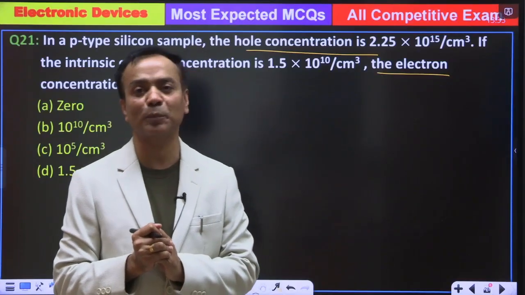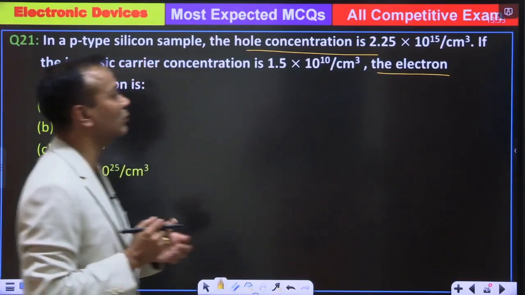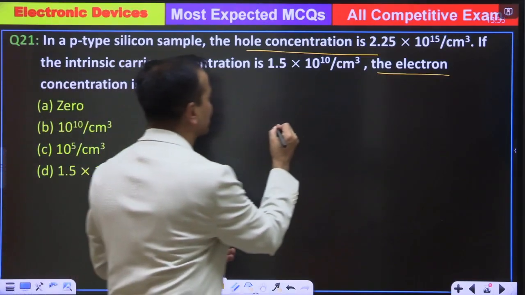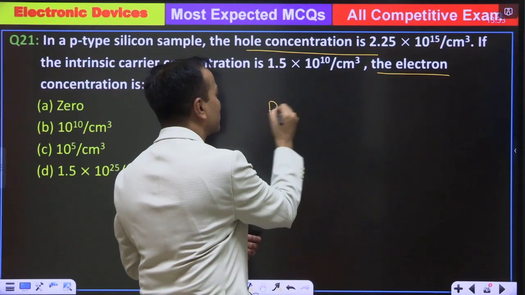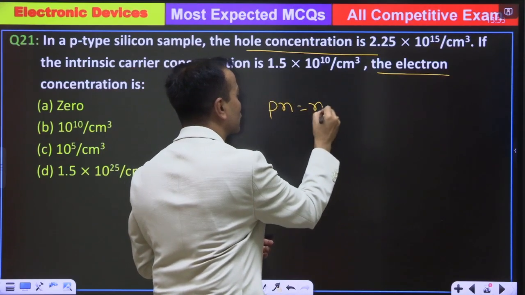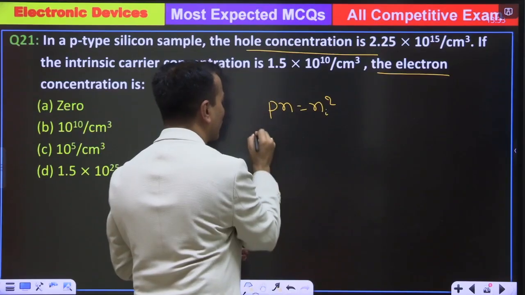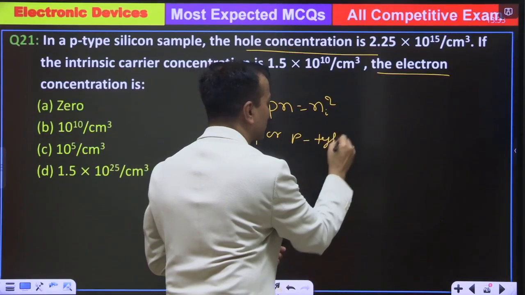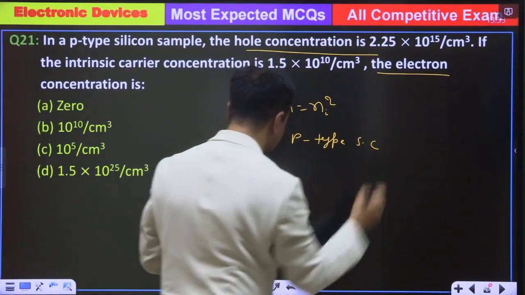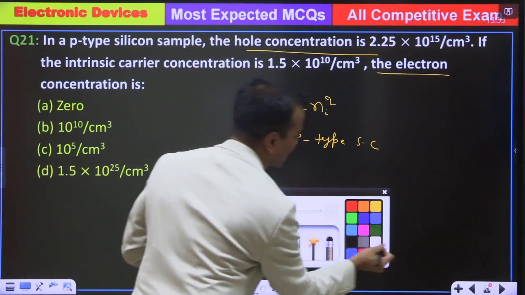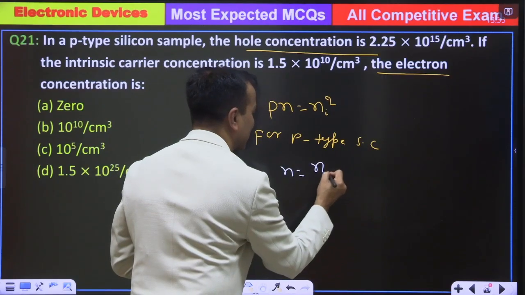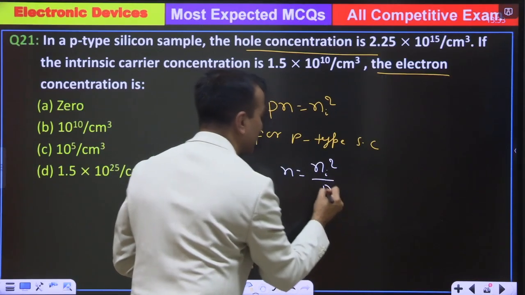By the use of mass action law, we can find the concentration of the minority charge carrier: P × N = Ni². So for p-type semiconductor, electron is the minority charge carrier and its concentration is N = Ni² / P.